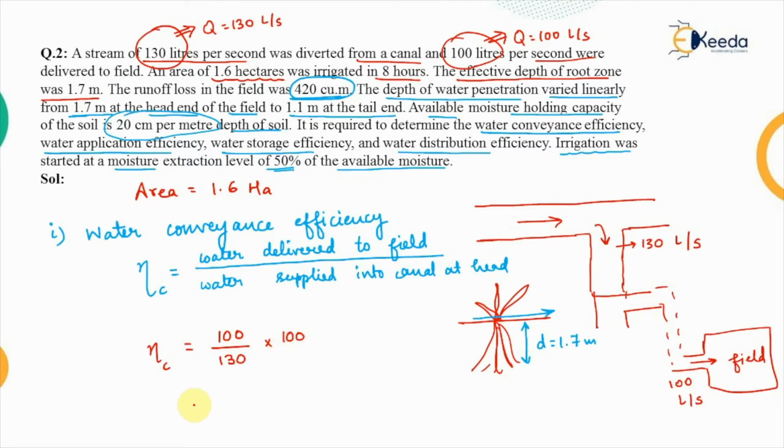So if we solve it, we get the answer for the water conveyance efficiency, that is 77%. That means out of the total water which was supplied into the canal, 23% has been lost because of the evaporation and the percolation which has taken place during the transmission of the water.